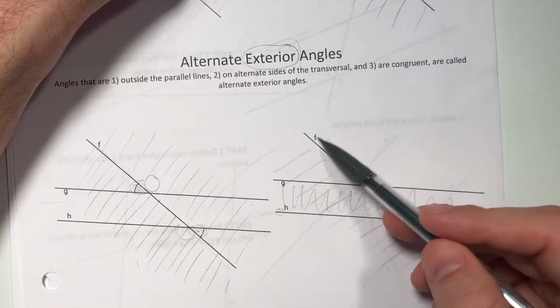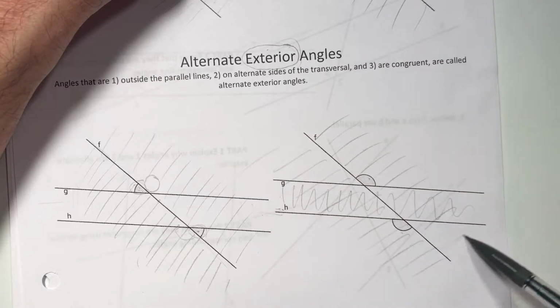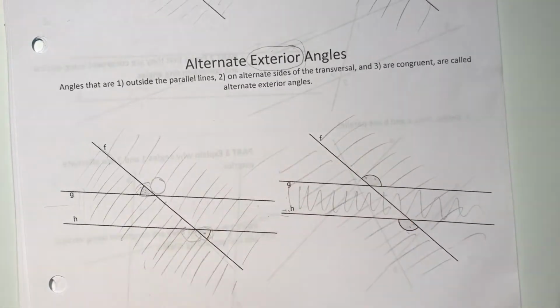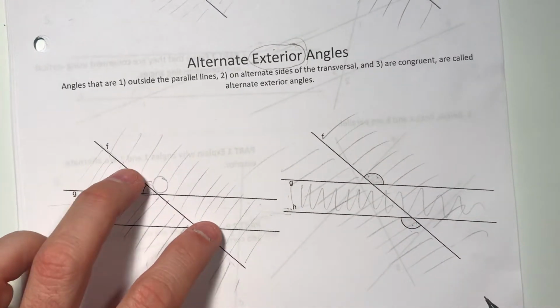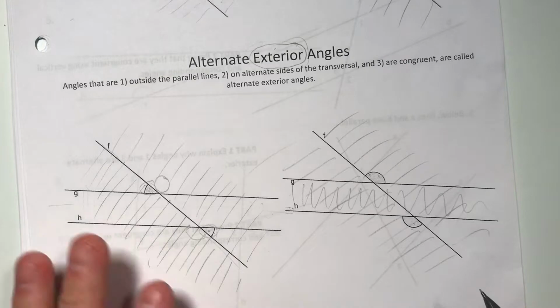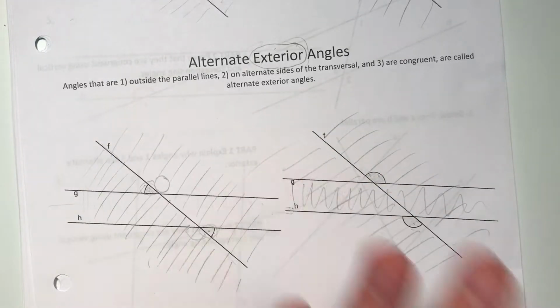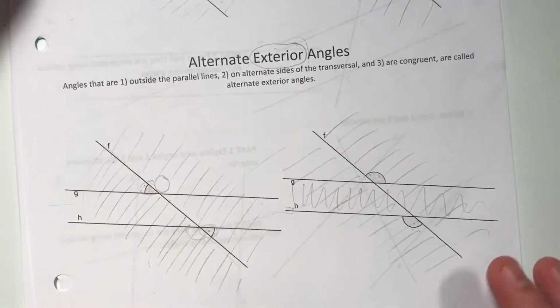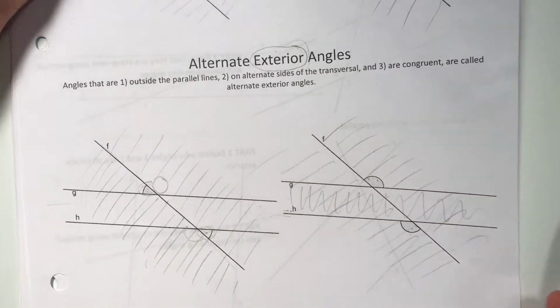There's one on the bottom side, and here's one on the top side. And they're the same size. So these are called alternate exterior angles, and these are called alternate exterior angles. Again, tough to see. You got to get used to the language. All right. So now let's move on to the lesson using these ideas.